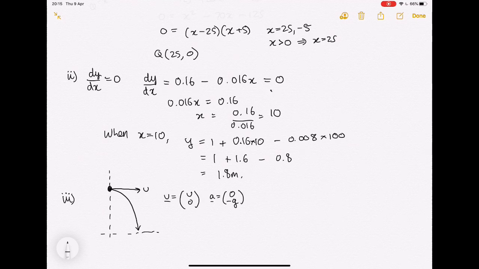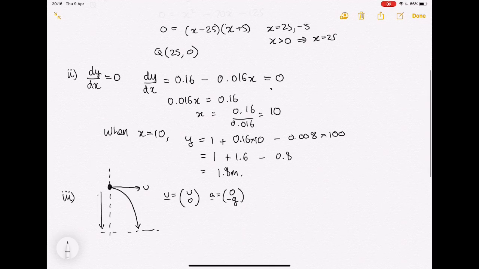And we know it has a displacement. We know a bit about this displacement because we know from part 2 that this height here is 1.8.